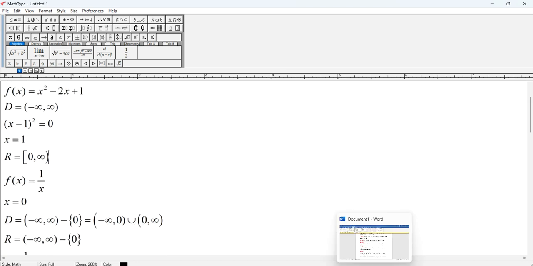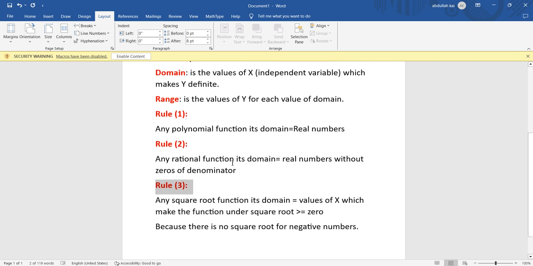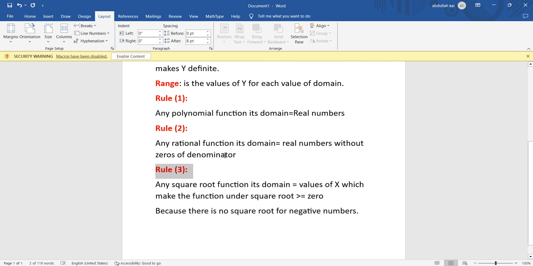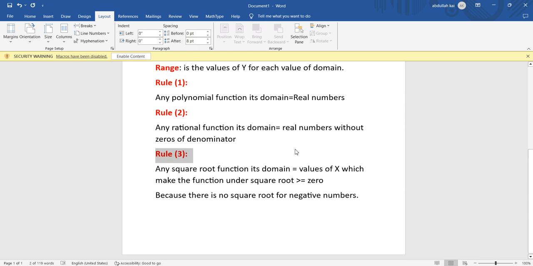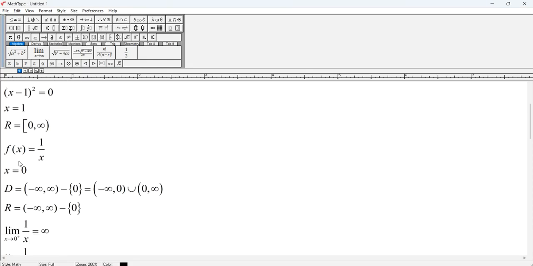Let's discuss the second rule. For any rational function, its domain equals the real numbers without the zeros of the denominator. Let's see this example. This is a rational function.